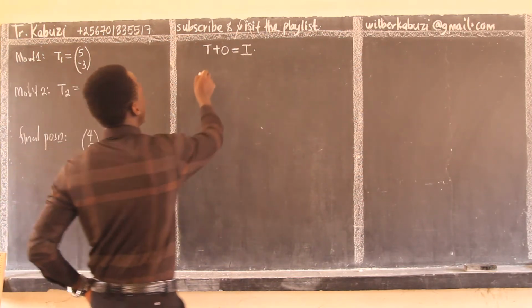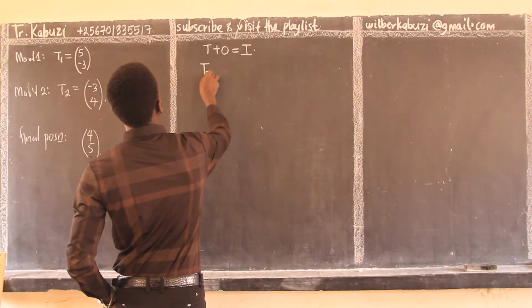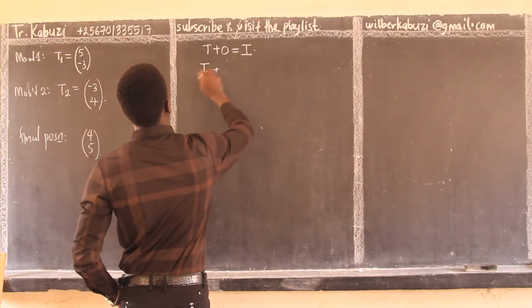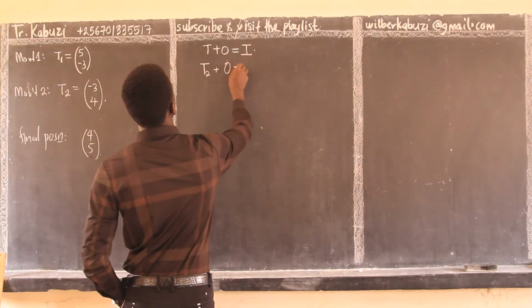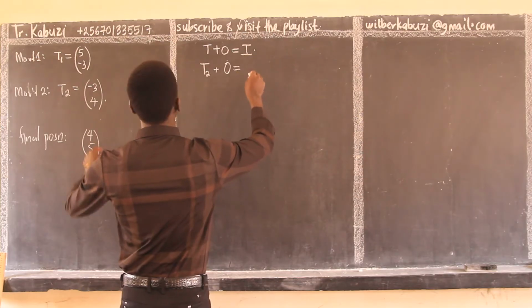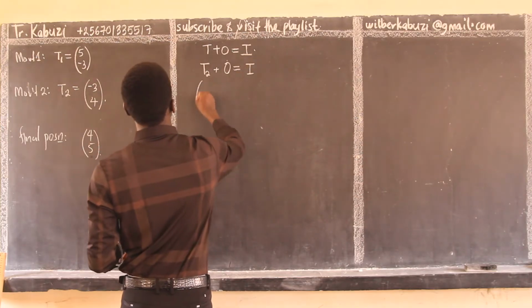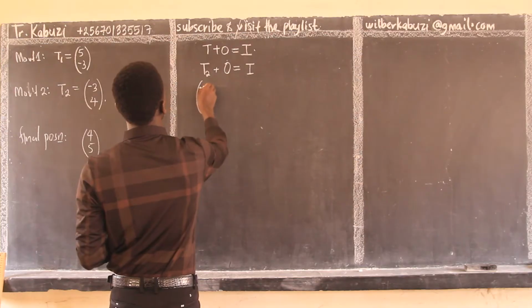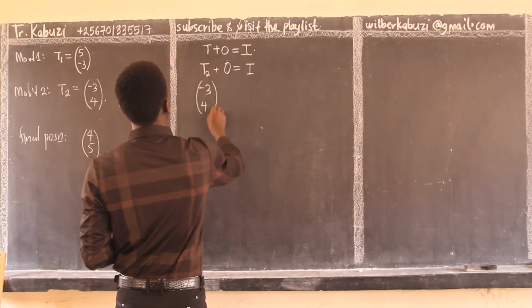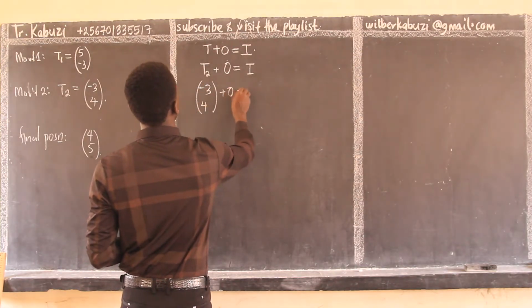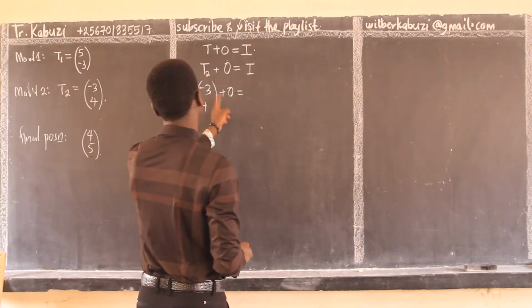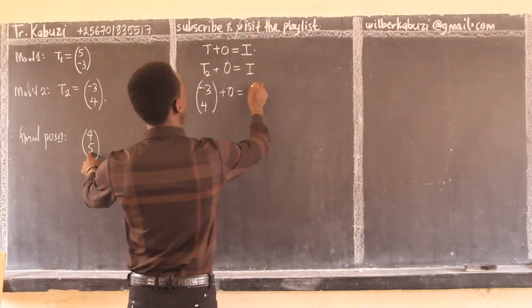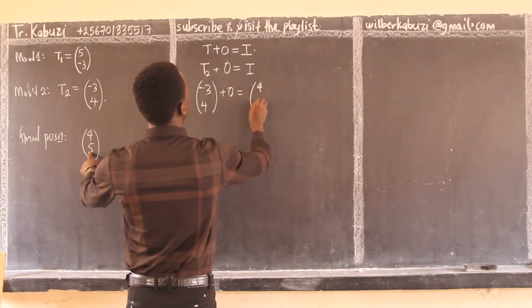So meaning, if I get T2 plus the object which I'm looking for, I'll get this image here. Now, what is my T2? My T2 was (-3, 4), plus the object I'm looking for, that gave us the image (4, 5).